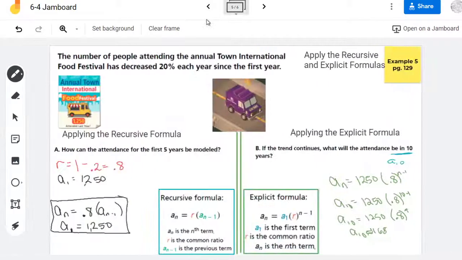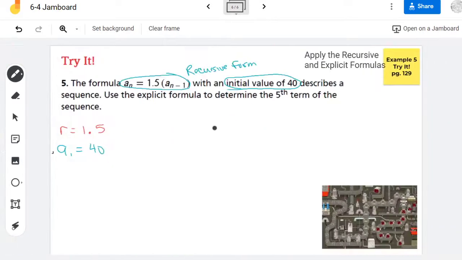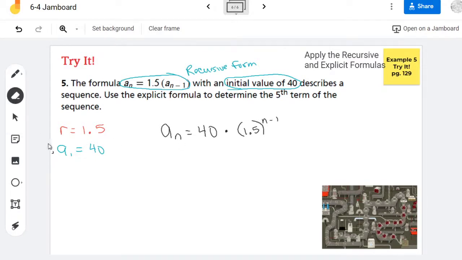Now when I move into the explicit formula, I'm going to have a sub 1 times r raised to the n-1 power. Okay, so a sub n equals my a sub 1, so 40, times my ratio here to the n-1 power. So now that is my explicit formula.